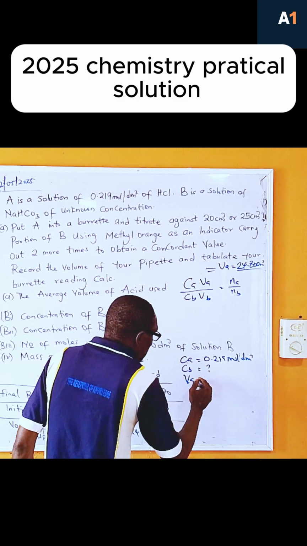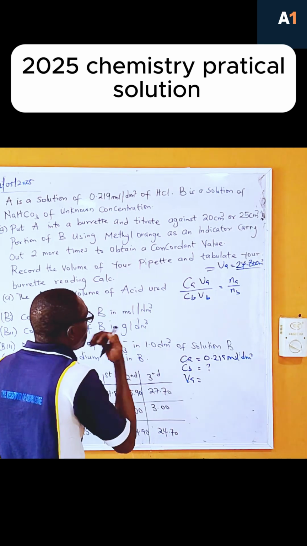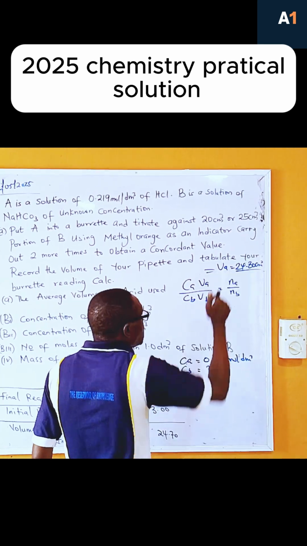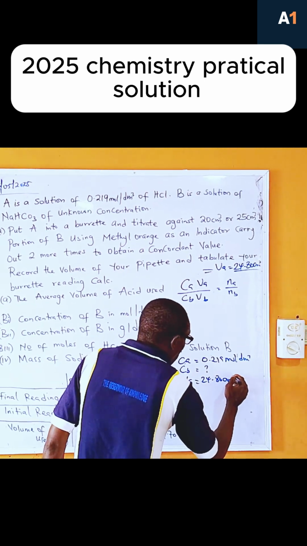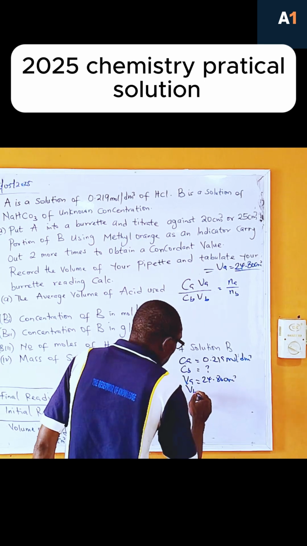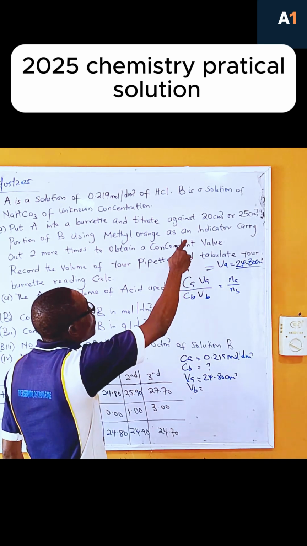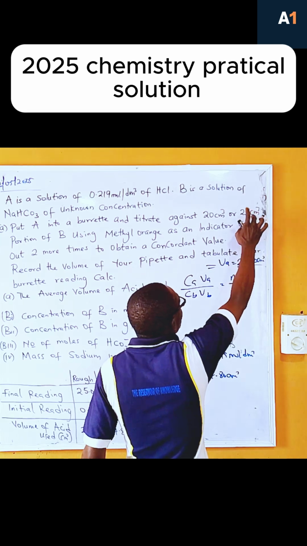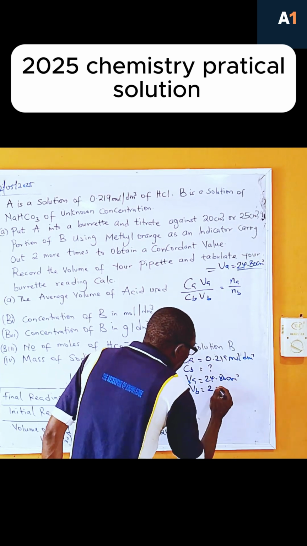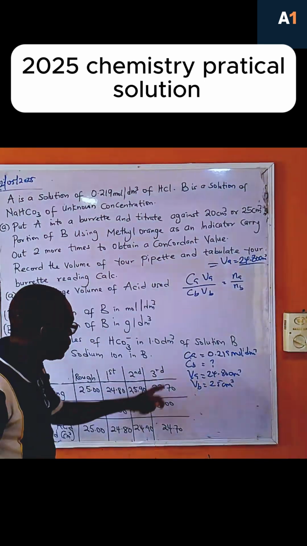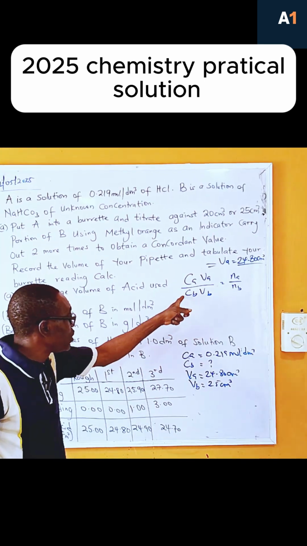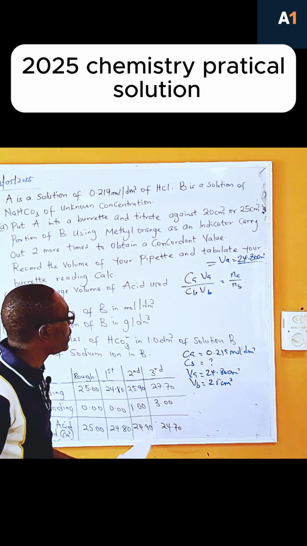Then Va is the volume of acid used, which I've written here, equal to 24.80 centimeter cube. Then the volume of base used is the volume of pipette, which is equal to 25 centimeter cube. Now we put it into this equation.